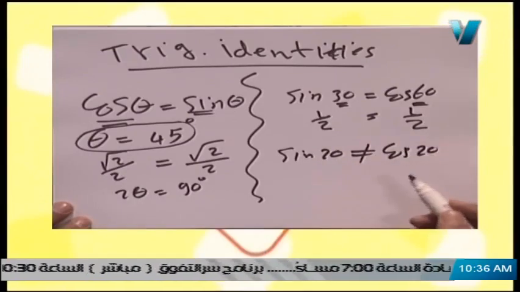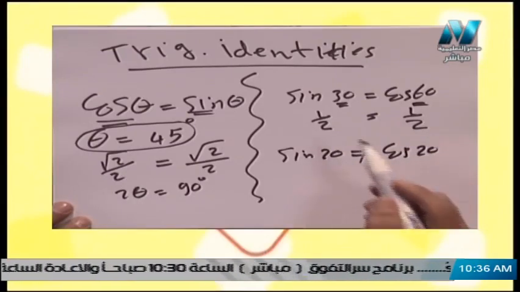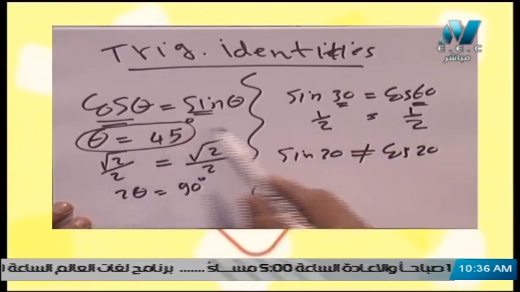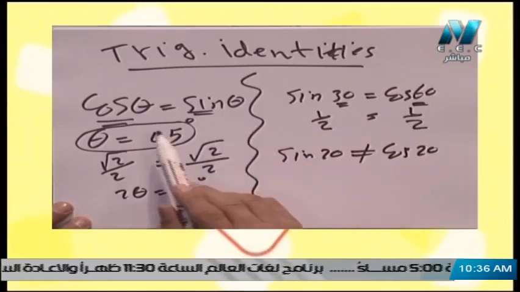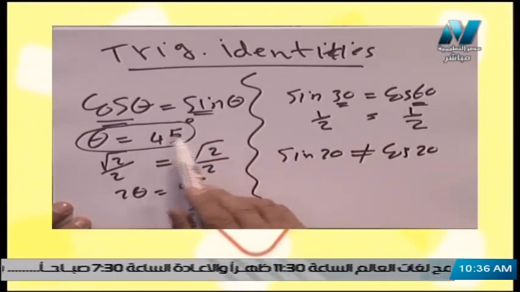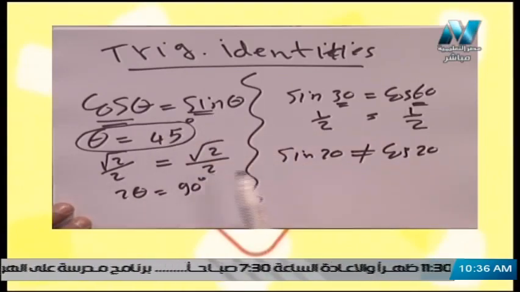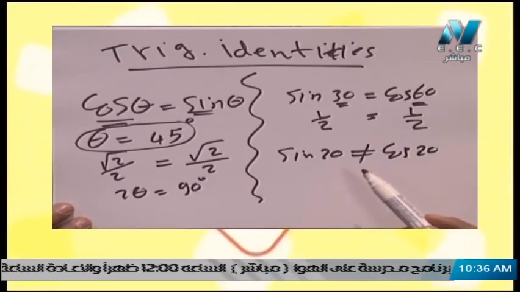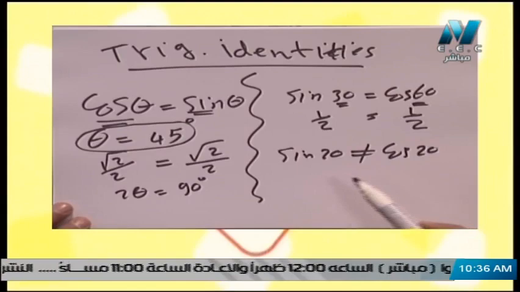It is an equation because sometimes they are equal and sometimes not. They are equal only for specific values of theta. But now we will study something more than an equation, which is an identity.